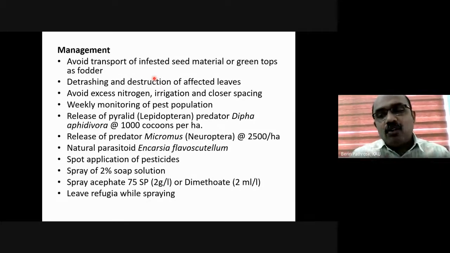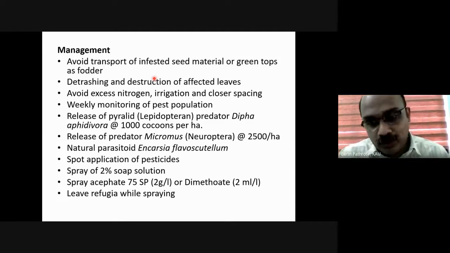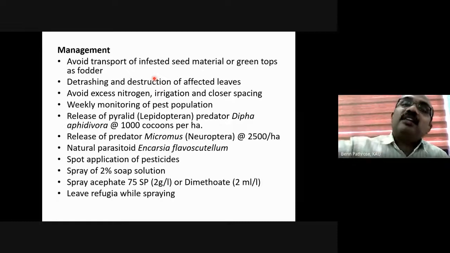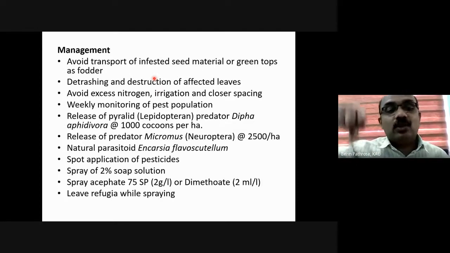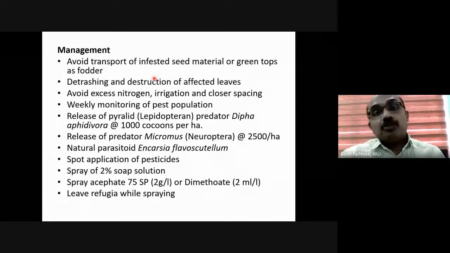We try to avoid excess use of pesticides because pesticides will destroy these natural enemies also. If there is aphid infestation in a particular locality, we spray only that area. That is called spot application of pesticide. We can go for spraying of soap solution.